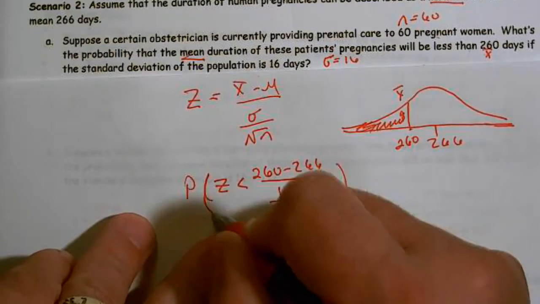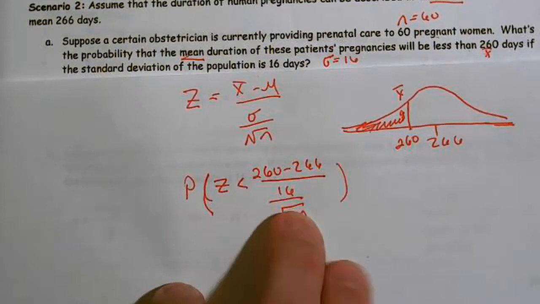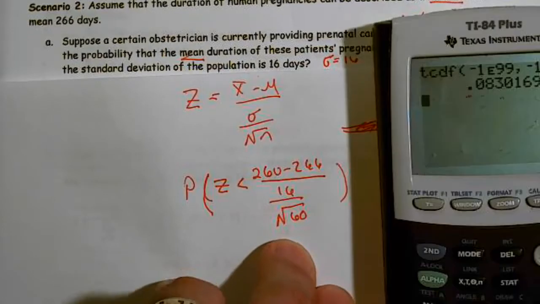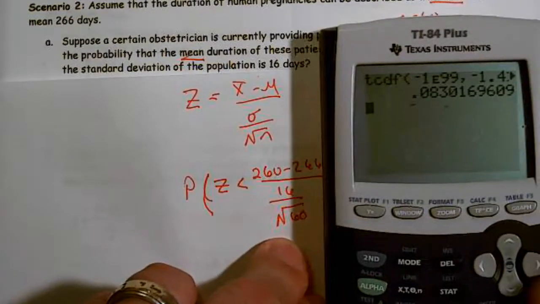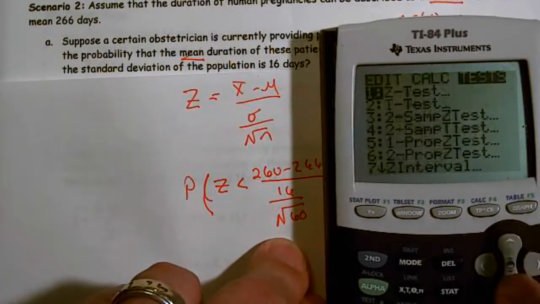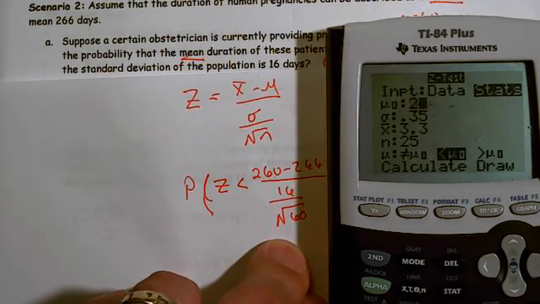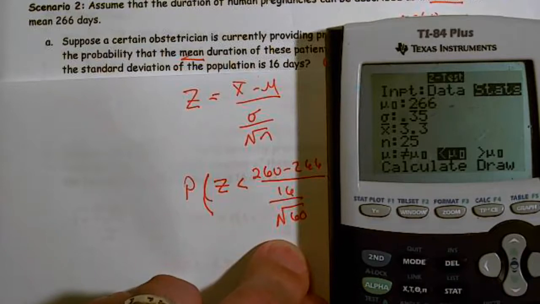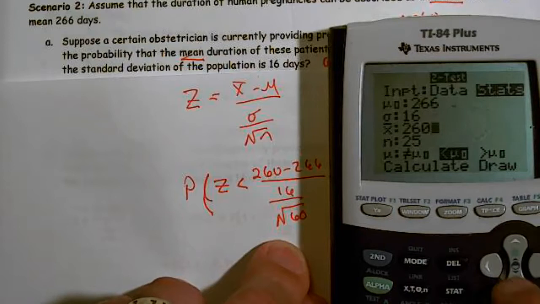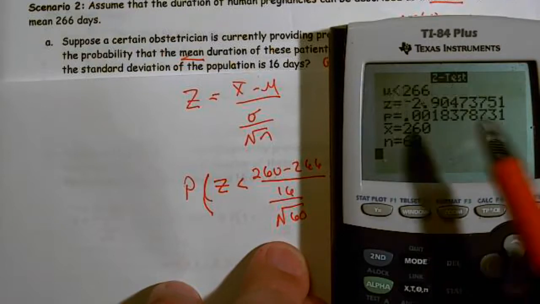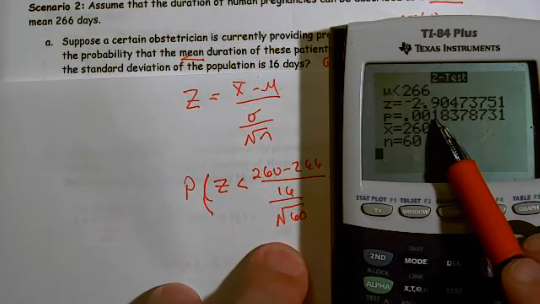Now, once again, I could be using the normal CDF, but I'm going to go ahead and go stats test Z test just because I think it's easier. Stats test Z test. And in this case, my mean was 266. My standard deviation was 16 days. My X bar was 260. N happened to be 60. And I end up getting a Z equal to negative 2.9.